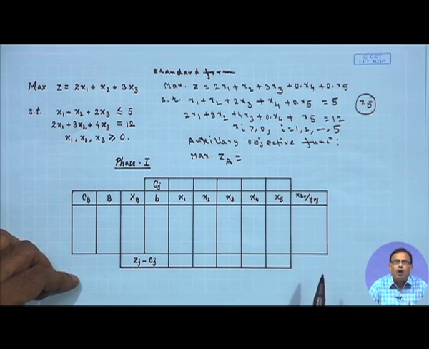Here you have only one artificial variable x5, three decision variables x1, x2, x3 and one slack variable x4. So, according to the algorithm, all the decision variables and the slack variable will be associated with the 0 coefficient, whereas the artificial variable will be associated with a coefficient of minus 1.